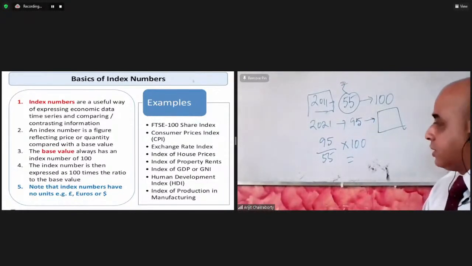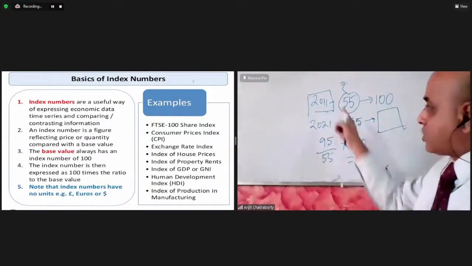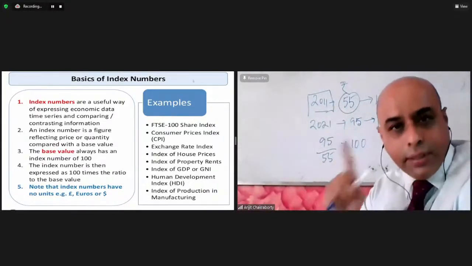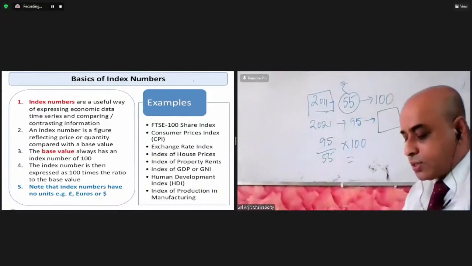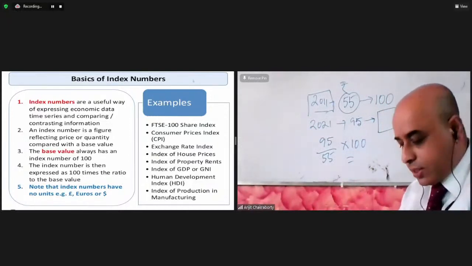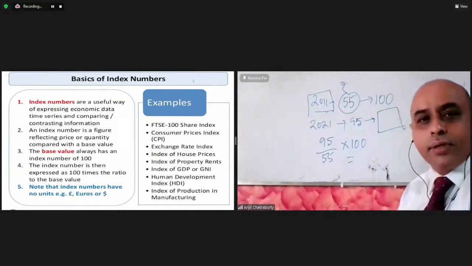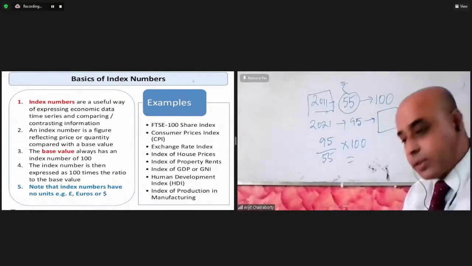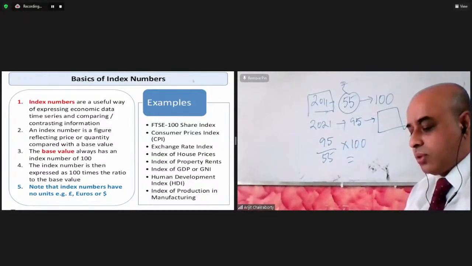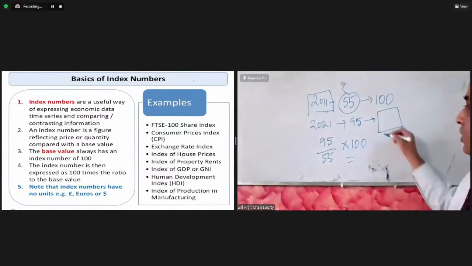So just see that here 55 is the price in the year 2011, and we are assuming that 2011 is a stable year. There is no fluctuation, there is no economic recession, and there was no type of volatility in the market. So if I just calculate this, it comes to around 172.73.